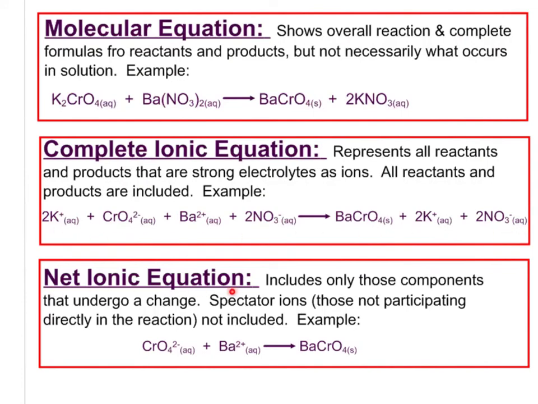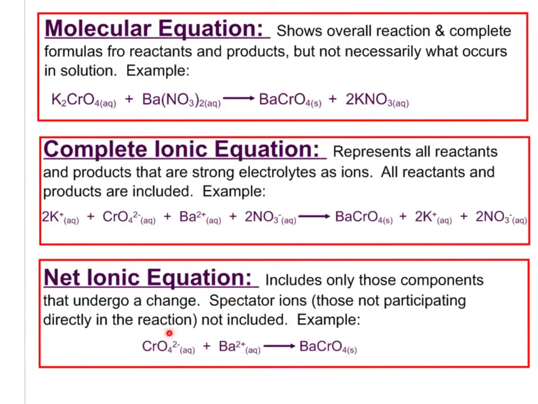Now, what is a net ionic equation? We look at the complete ionic equation, and we're going to only include those components that undergo a change. All right? Spectator ions, they're just sitting back, kind of like what you do when you watch a football game and you're not playing. You're just a spectator.